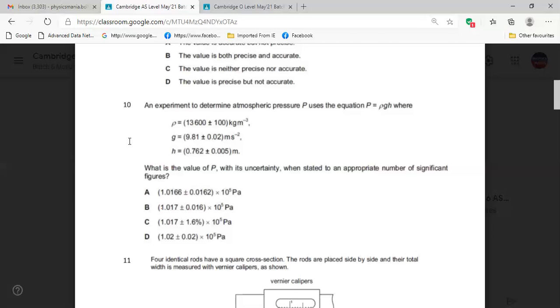Yes, sir. But we have to do with appropriate number of significant figures, that is either two or three.